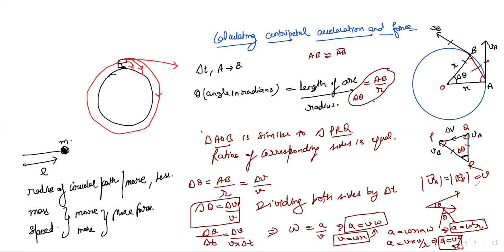Sir, the second one I didn't understand. See, we have this relation A is equal to V times omega, and V is equal to omega R. Can we write omega as V upon R? If you substitute here, what will you get?